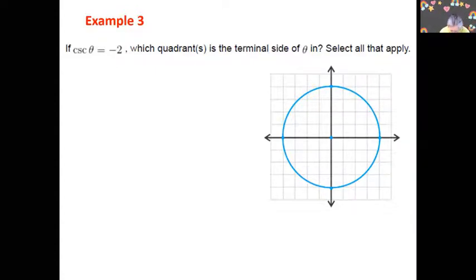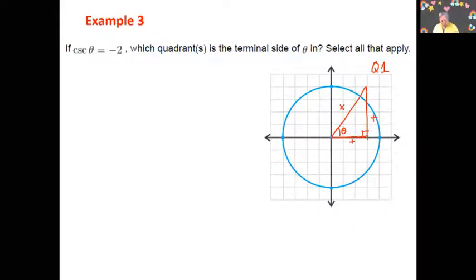If we focus on quadrant 1, the reference right triangle is posed in this way, and the right angle is right here. The hypotenuse is always positive. Around this angle, the adjacent is positive and the opposite is positive.